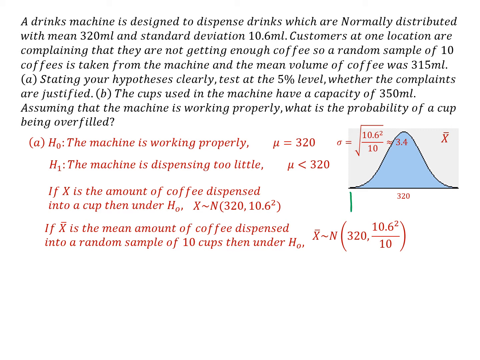So this number down here will be 320 minus 3 lots of 3.4, around about 310. And then what we're trying to do is find the probability of the mean volume of coffee being 315 milliliters or less. So 315 would be around about there, somewhere between 310 and 320. And we're trying to find that probability.